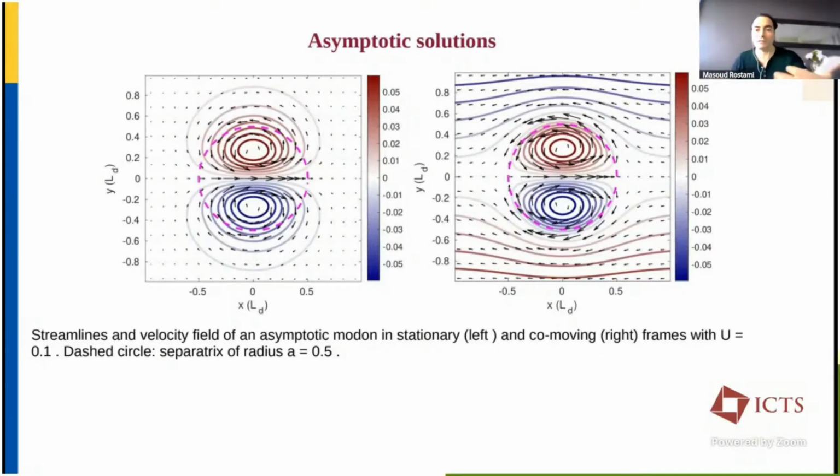How we derive this asymptotic solution, you can refer to the papers, but it is the structure of the velocity. We call these the streamlines and velocity field of the asymptotic modon, with and without a co-moving frame. It is self-propelled, and then it goes eastward in a coherent manner.